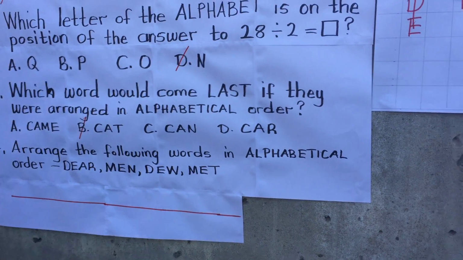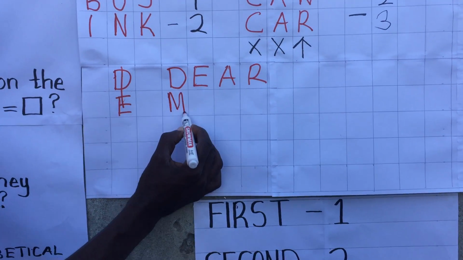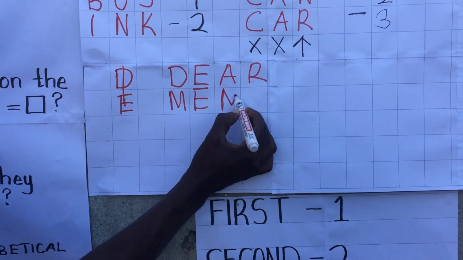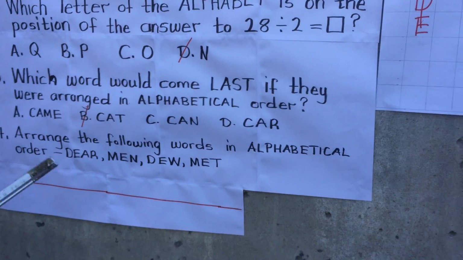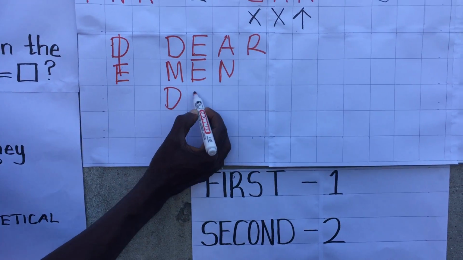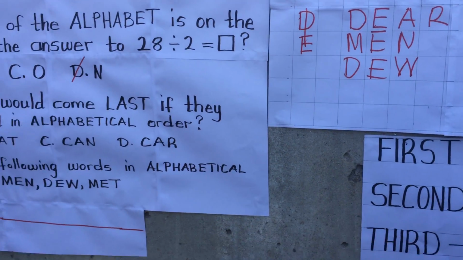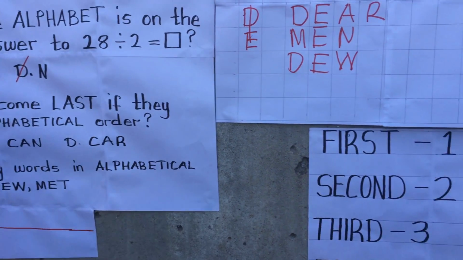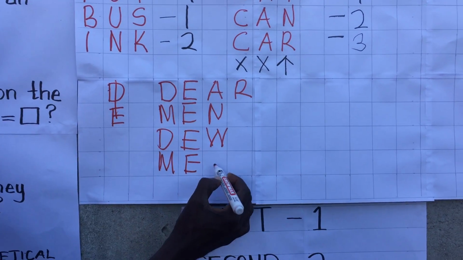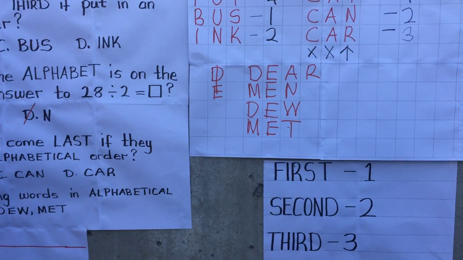Men. So the first letter there. Okay, I think that is better. Due. The D there. Beta. And mates. M. E. T.